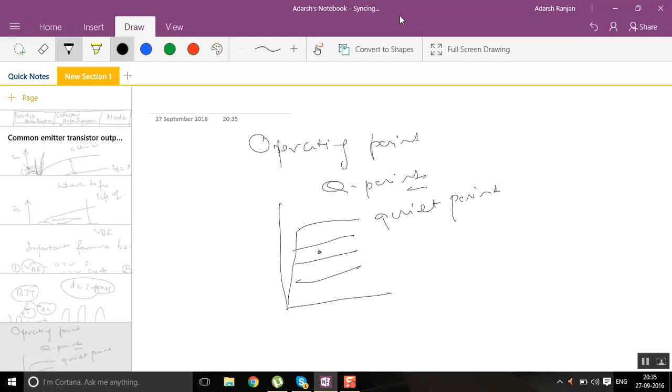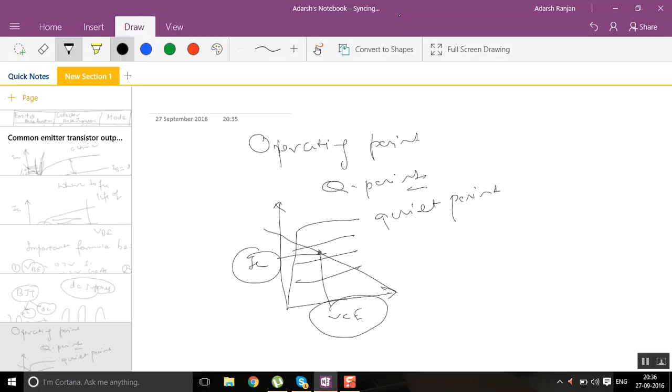This point should stay where it is, but theoretically the Q point changes. And how will it change? A Q point is defined on the two axes by IC and VCE. So when VCE changes, the Q point will change, and when IC changes, then also the Q point will change.